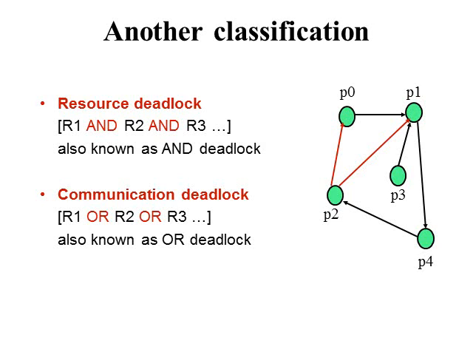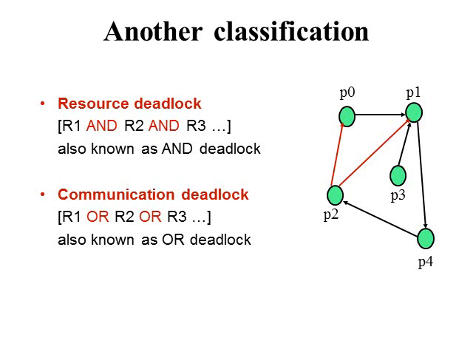Since the waiting process needs each and every one of these resources in order to proceed, it is also known as the AND deadlock.